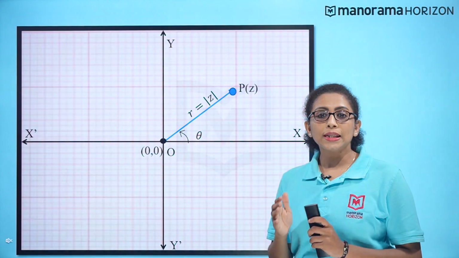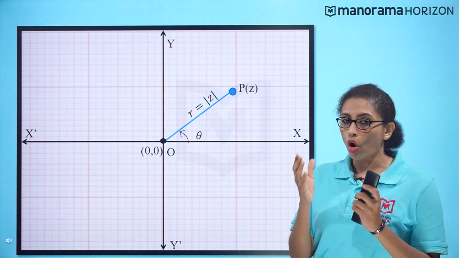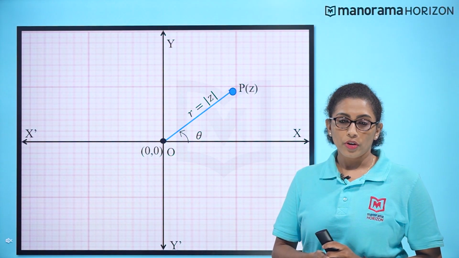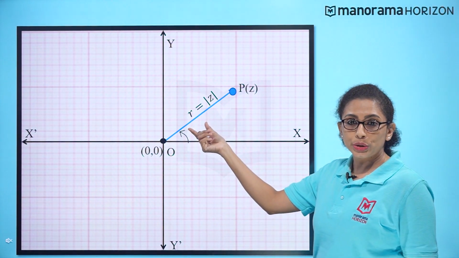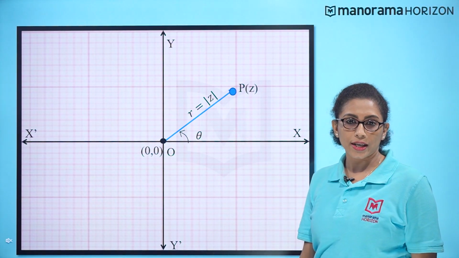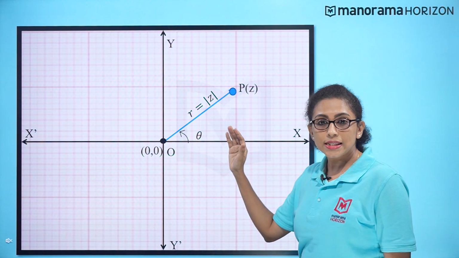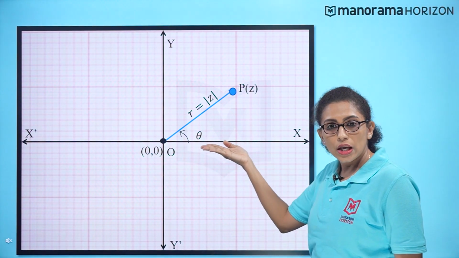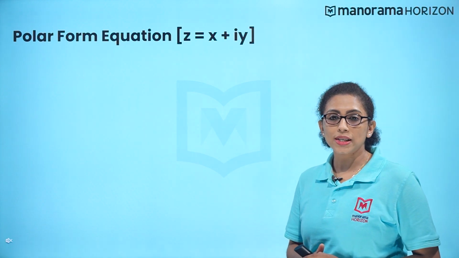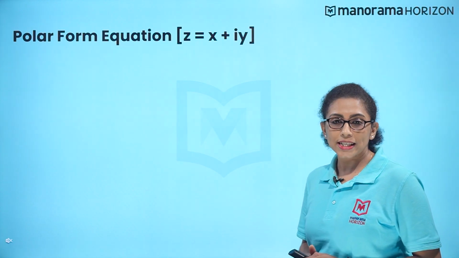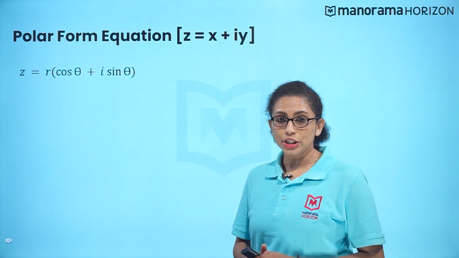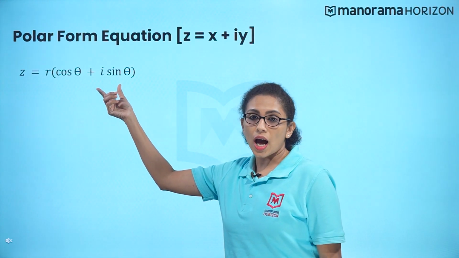The real and the imaginary components of coordinates are found in terms of r and theta, where r is equal to the length of the vector, which is given by modulus of z, and theta is the angle made with the real axis. The equation of polar form of the complex number z equal to x plus iy is given by z equal to r into cos theta plus i sin theta.